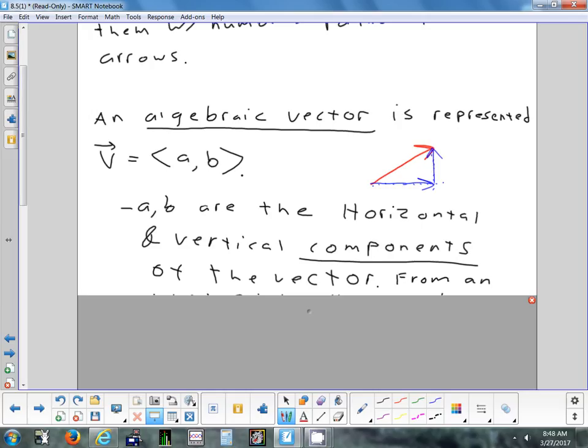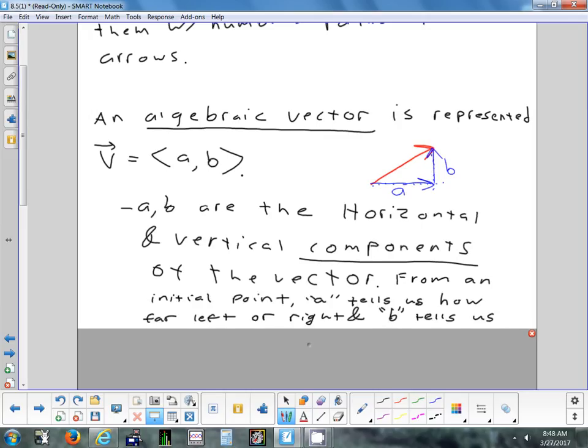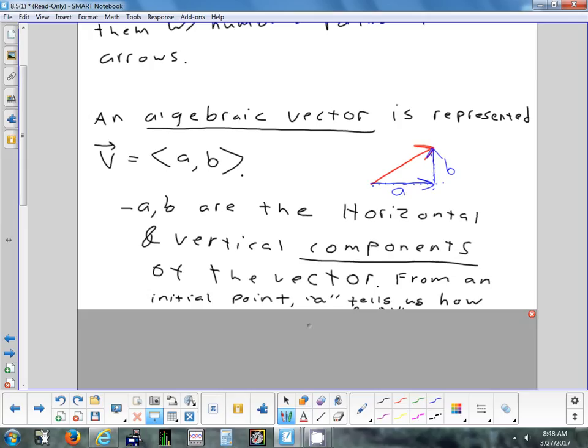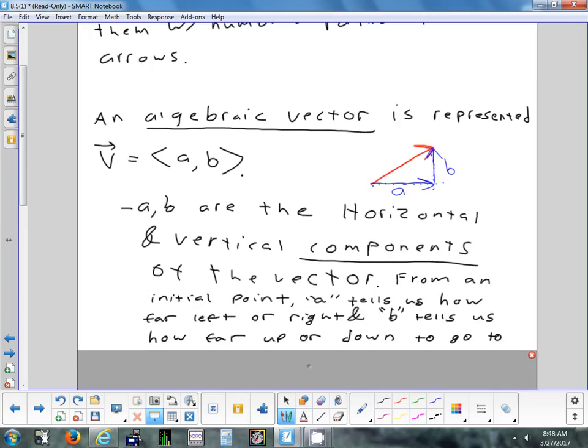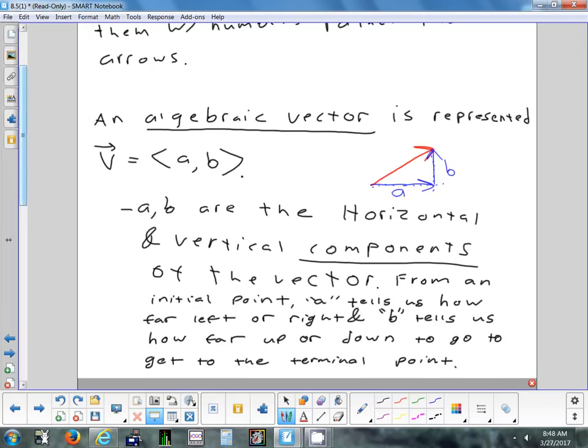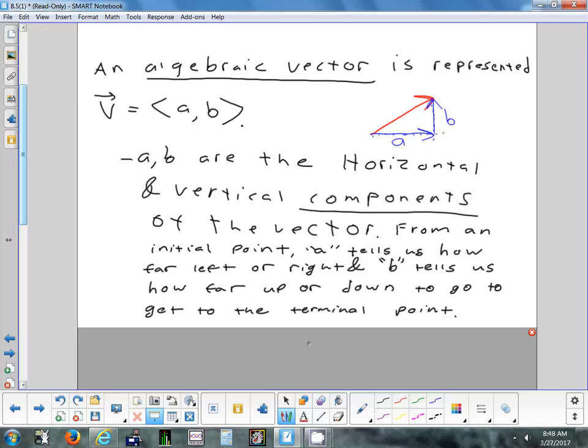So those 2 arrows I drew in blue would represent the A and the B. And when you add A and B together, you get what's in red. It's exactly what we just did visually. So all that this form tells you is basically A tells you how far to go left or right from a starting point, and then B tells you how far to go up and down.